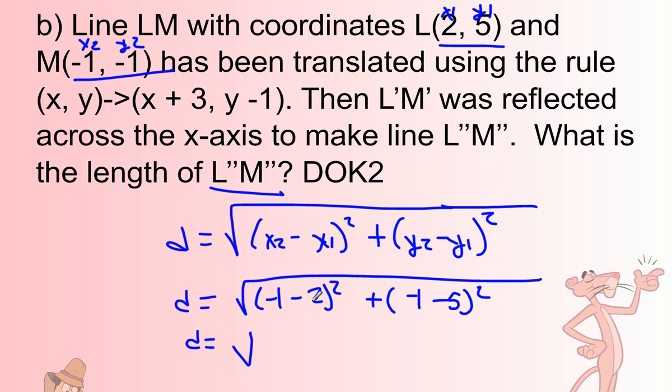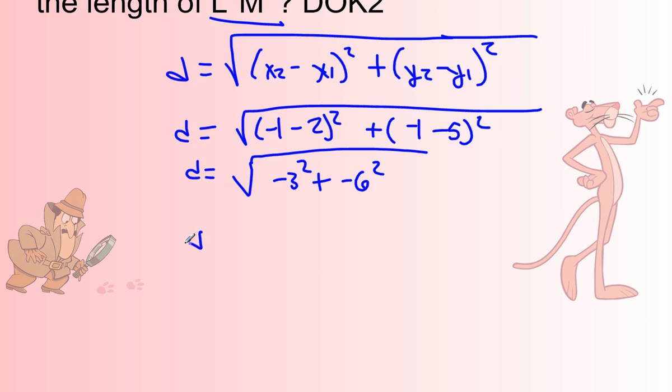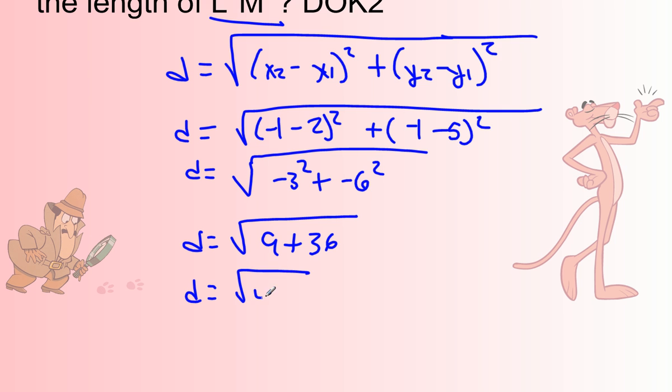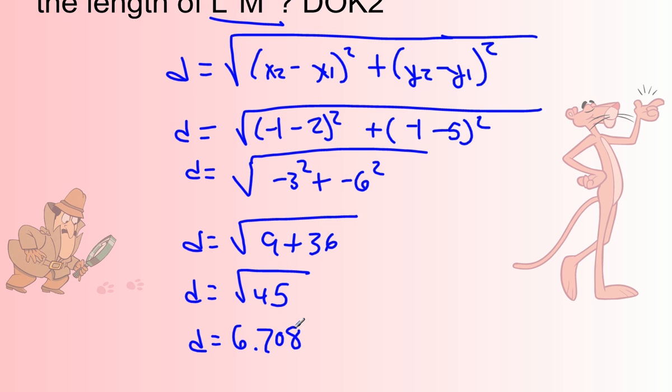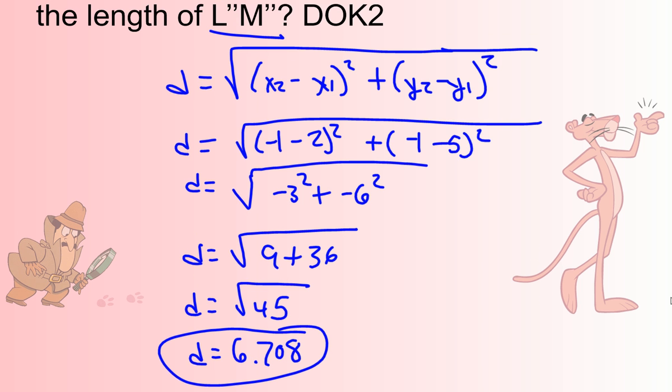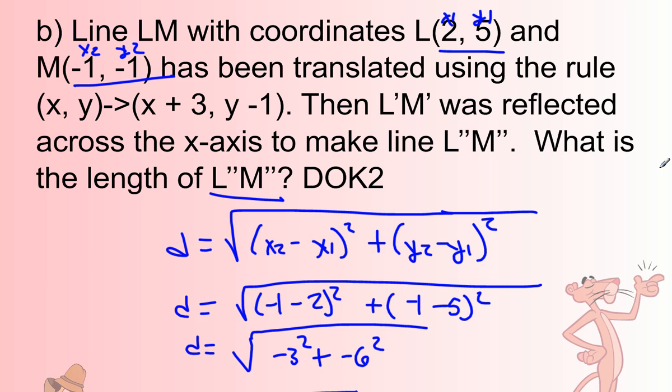That's negative 3 squared plus negative 6 squared. D equals the square root of 9 plus 36, which is the square root of 45. And would you look at that, we get that same 6.708 answer, because it was a rigid transformation.